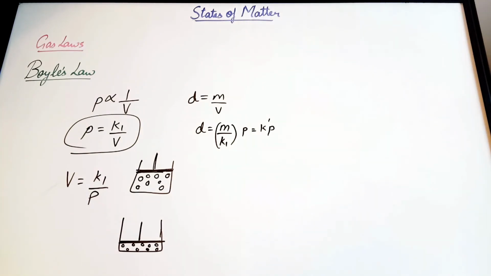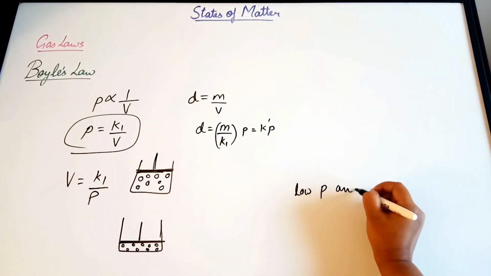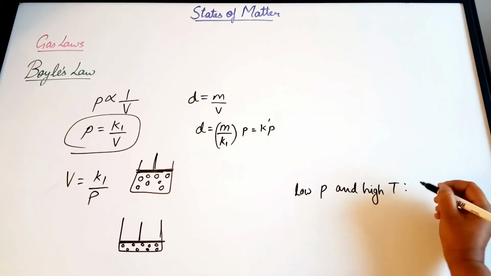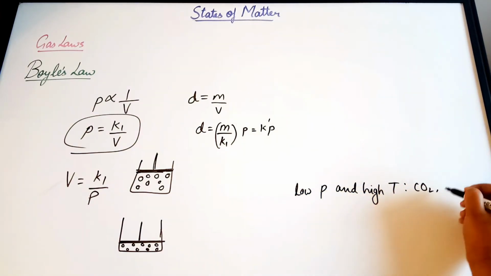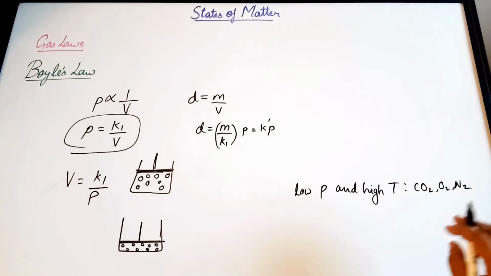All of these gases obey Boyle's law only at low pressures and high temperatures. So at low pressure and high temperatures, gases like carbon dioxide, oxygen, nitrogen, all of these obey Boyle's law because they act as an ideal gas.